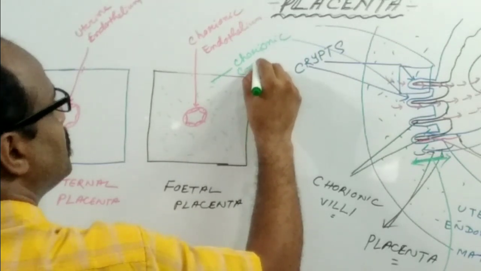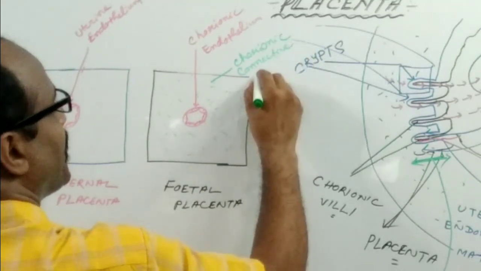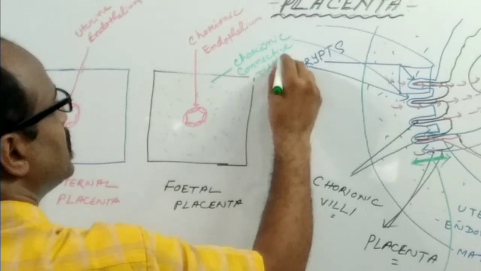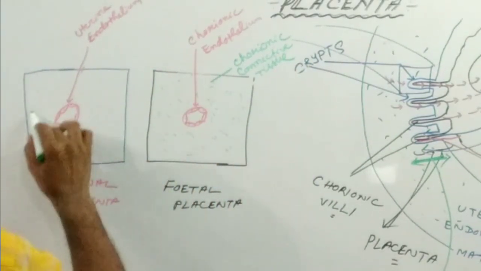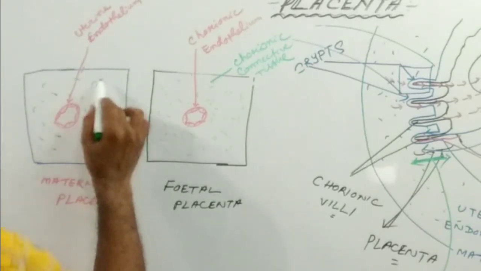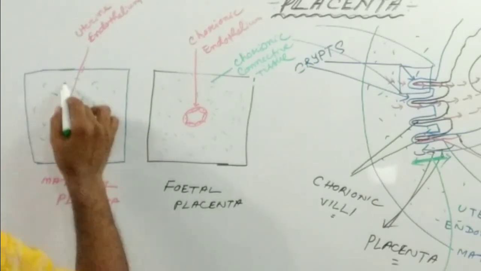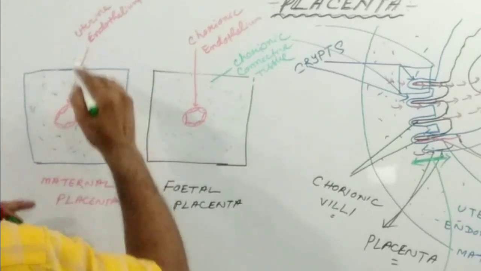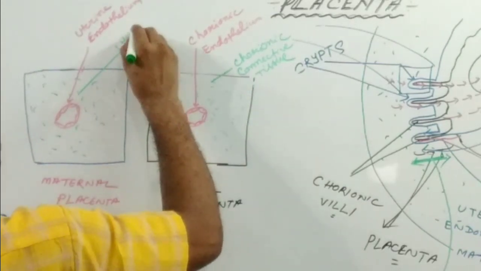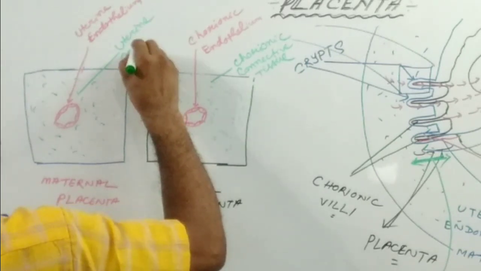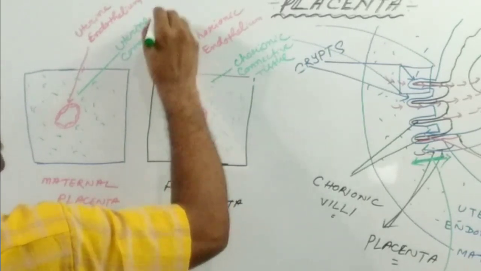And here also, this is the wall of the uterus, which has connective tissue around the blood vessel. So this is known as the uterine connective tissue.